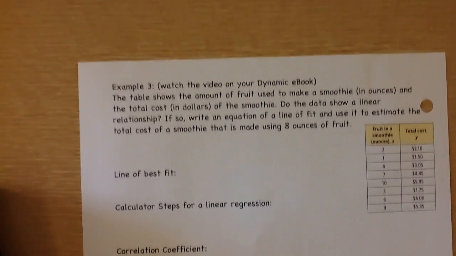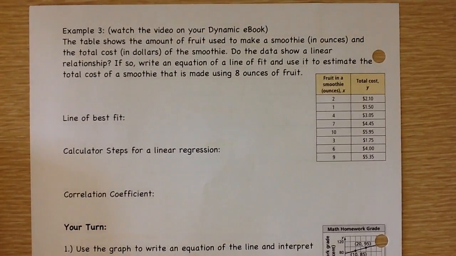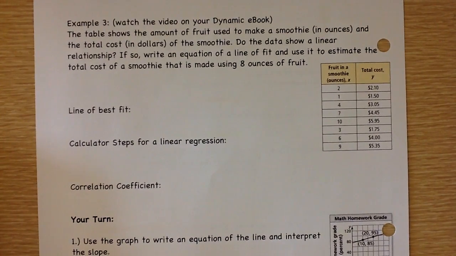Example 3. Okay, what I'd like you to do now for example 3, I'm going to walk you through the steps on how I want you to see how to do a linear regression or come up with a line for real life data by hand, but it's quite tedious and not exact at all.